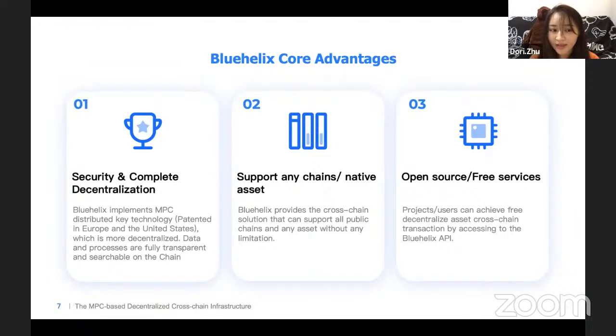So let's start with the core advantages of the Bluehelix Bridge. First of all, our project is totally secure and completely decentralized, as we adopt MPC distributed key technology, which is banned in Europe and the United States. All data are processed fully transparent and controllable on the chain, and we can support any public chains without any technology limitation, any EVM limitations, and we can support native assets.